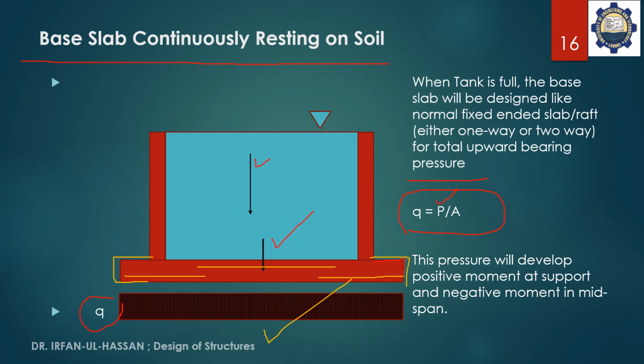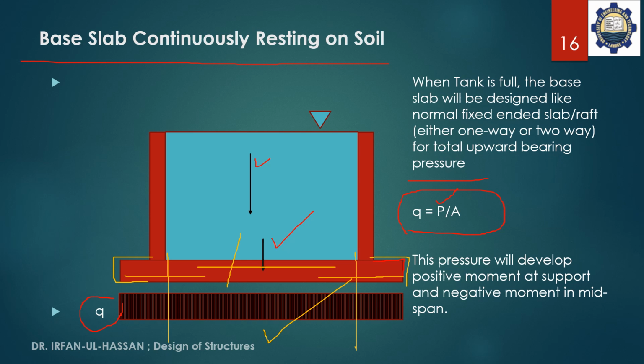If it is a one-way slab, just analyze it normally as a fixed ended member. You can analyze it as a one-way slab or beam, and you can use those one-way coefficients, with the positive moment at the support and the negative at the middle.